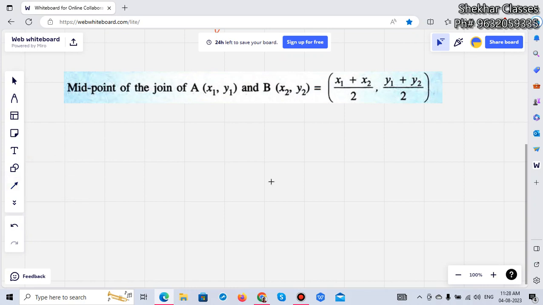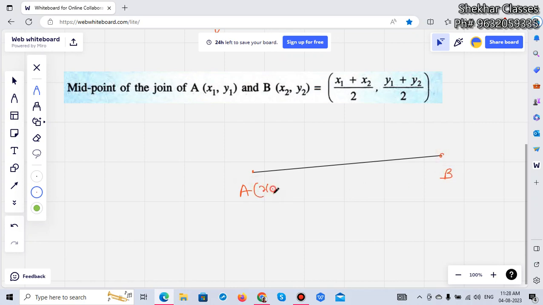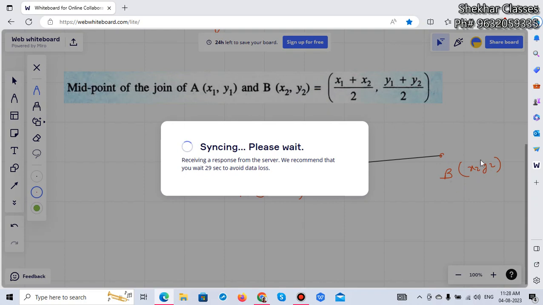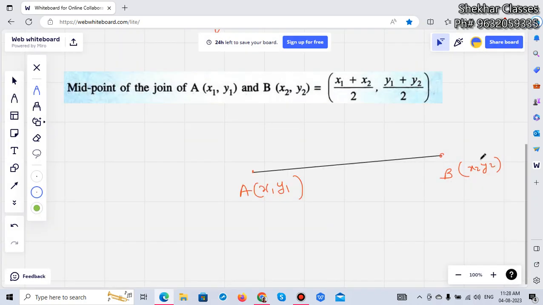There is a line segment, say AB, where A has a coordinate x1 and y1, and B has a coordinate x2 and y2. Now it says midpoint.